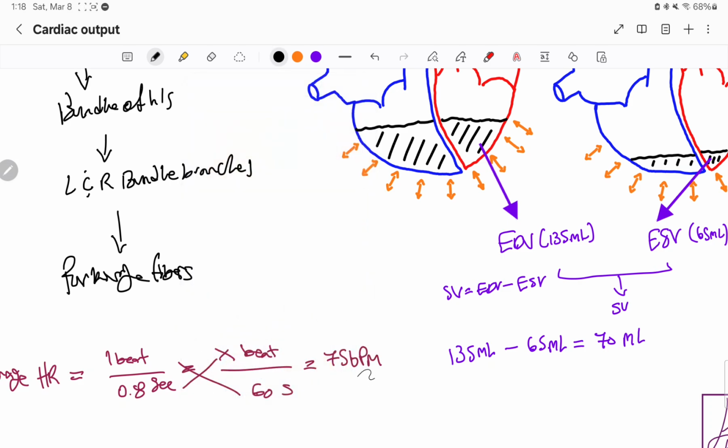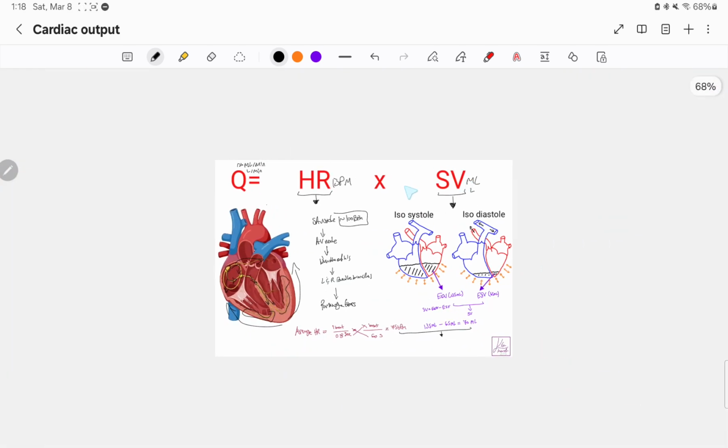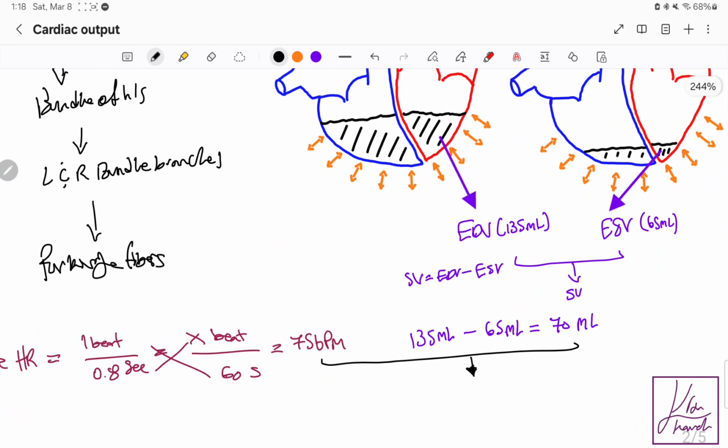We can actually say that if I take these two together, the 75 beats per minute and the 70 mLs, I can now calculate my cardiac output. Because now, look, I have the heart rate, I have the stroke volume, and now I can calculate my cardiac output at rest. Okay, and let's do that right here. So we have 75 beats per minute multiplied by 70 milliliters.